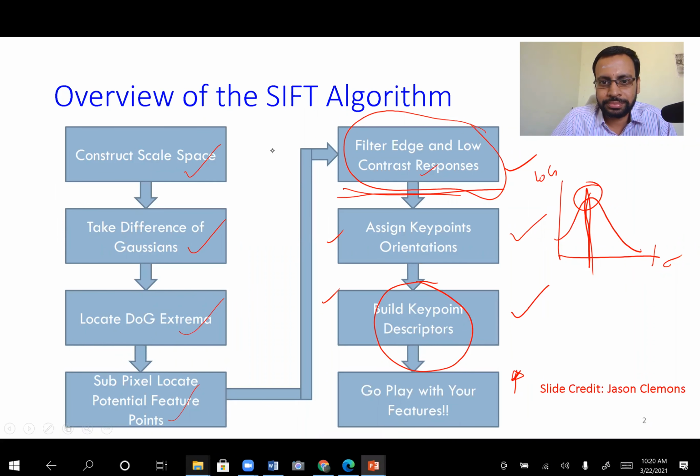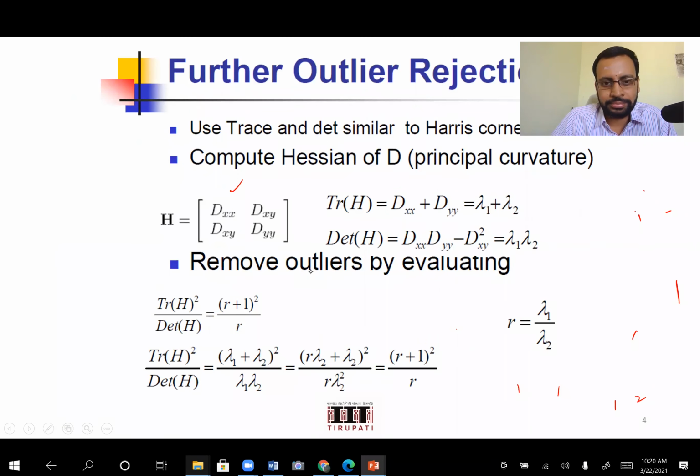Sir, just one doubt. When you're computing the Hessian of D, I had a small doubt. We have one patch of image. First, we apply Ix, and we get one more matrix based on that gradient. Again on that matrix, we apply Ix, using the gradient again.